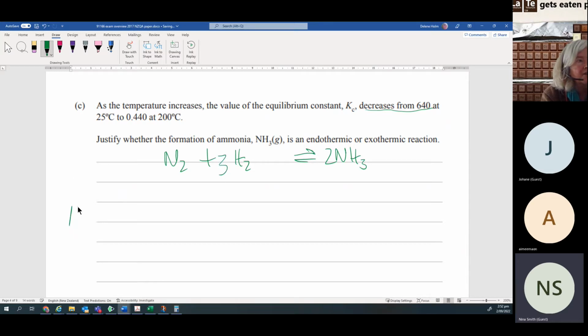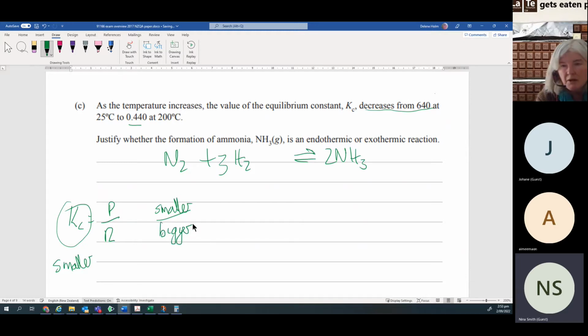And bearing in mind that Kc is equal to the products over the reactants, that means if it decreases from 640 to this figure, so this is getting smaller, that means that my products must be getting smaller and my reactants must be getting bigger. Hopefully you can see that. So in other words, as I increase my temperature, the equilibrium position is going to shift to the reactants.